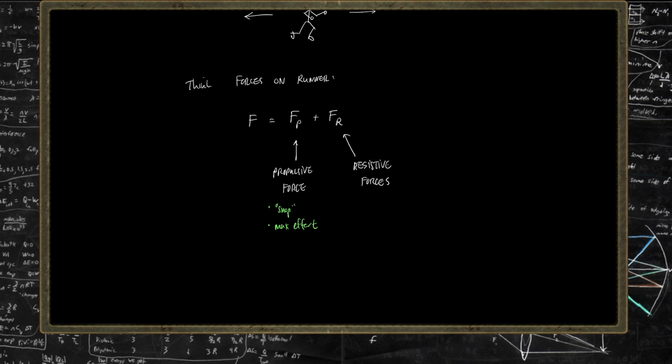But this is going to be dependent on the runner. So, me versus Usain Bolt is going to be a wildly different F sub P. And same for resistive forces. Resistive forces are things like the wind resistance.